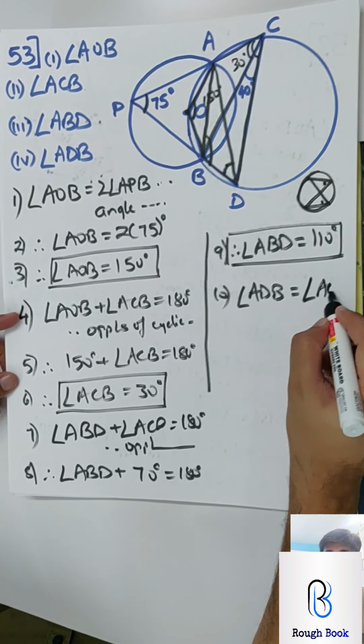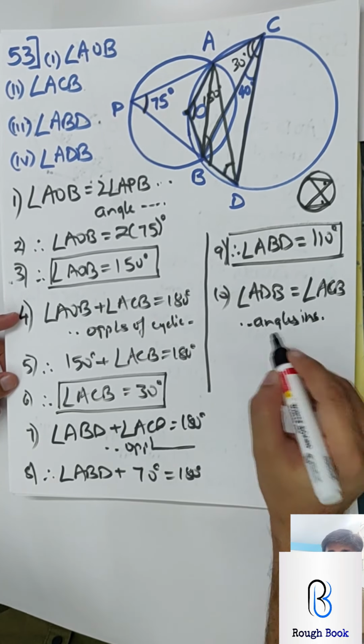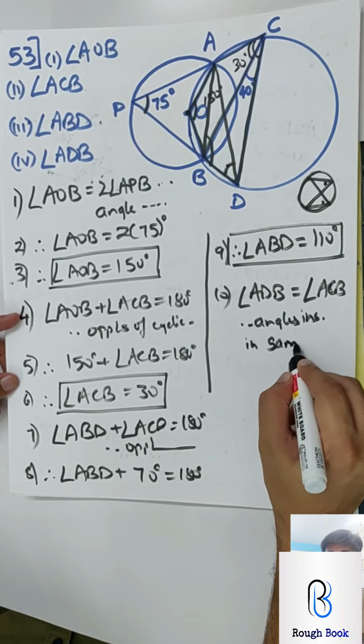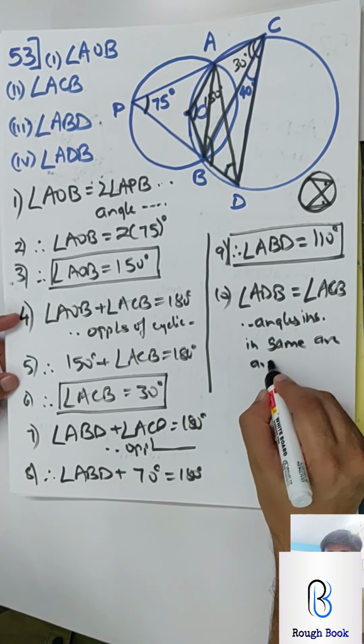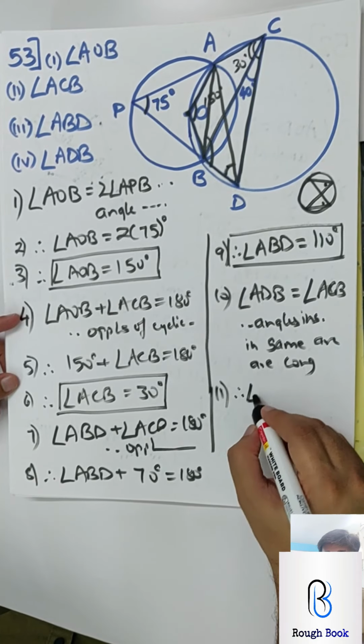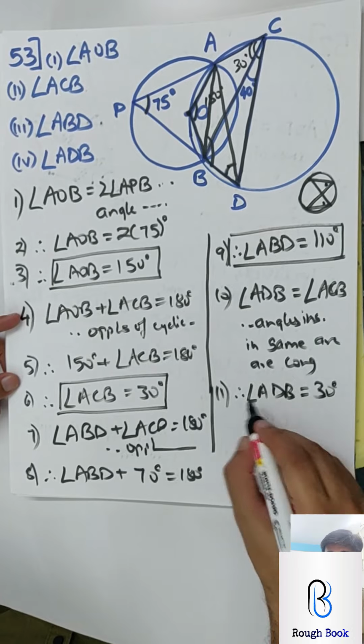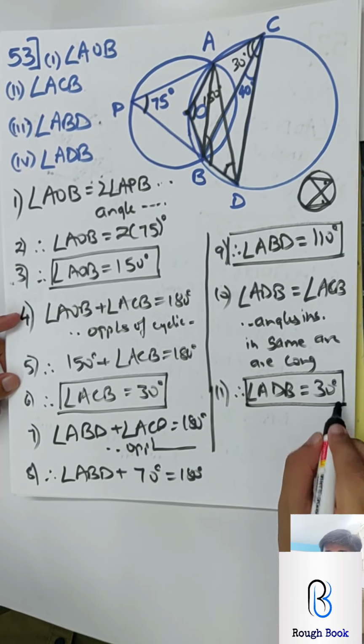So ADB equals to ACB. Reason will be angles inscribed in same arc are congruent. And finally what I can say then, therefore angle ADB is also 30. So we get all the four parts.